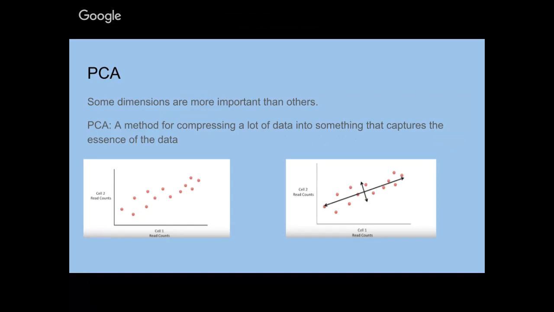So taking these two as separate features is probably more intensive in terms of computation than just taking an axis which goes along the slope. What PCA does is it identifies new axes along which the data can be transposed, and you can just take that axis, and that's the new feature that you can use.